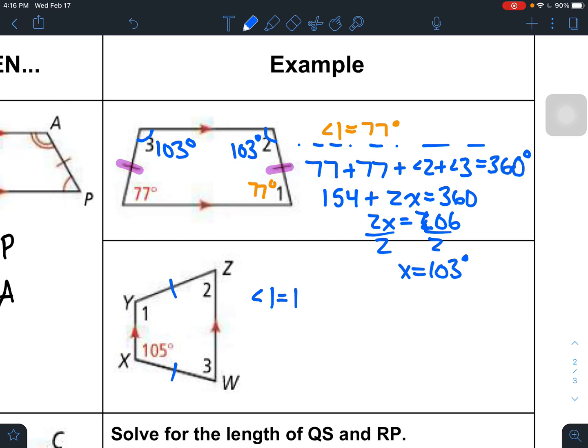Angle 1 would be 105 degrees, which means angle 2 and angle 3, if this truly is an isosceles trapezoid, that means they are supplementary to those other base angles. So we would say this is 75 degrees and 75 degrees, only if this was an isosceles trapezoid.